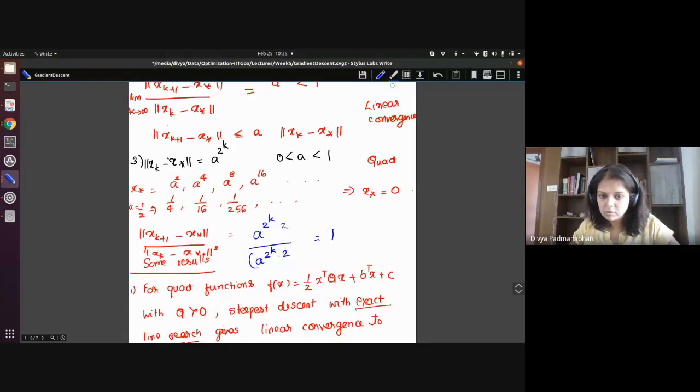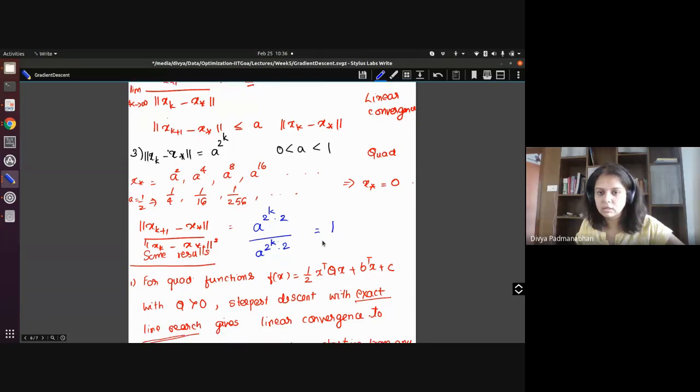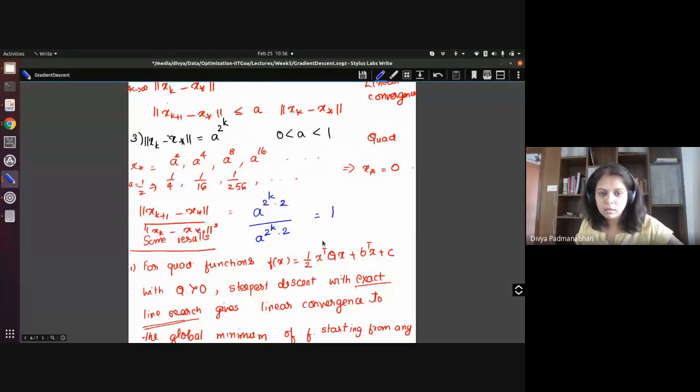I think in the last class I probably made a mistake when I simplified this. So xk plus 1 minus x star is a power 2 power k into 2 here, and in the denominator you have again the same thing, a power 2 power k square, which becomes of this form into 2 again. So then it becomes 1, right? I think we made some mistake last time. Rajneesh, this is okay? Yes, ma'am.